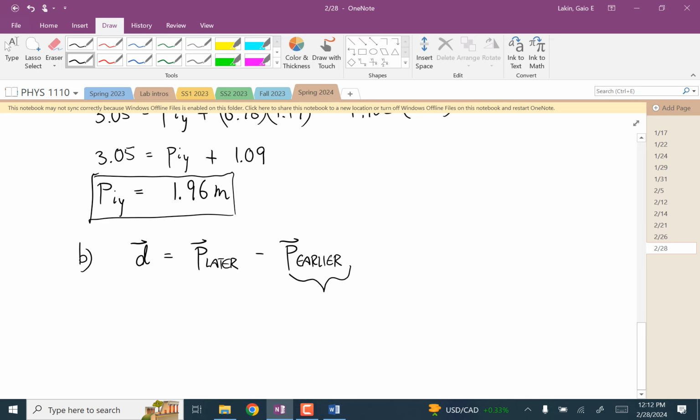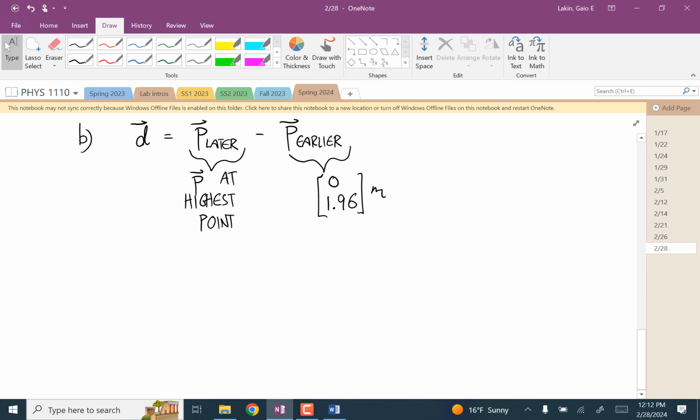This is just the PI from this part of the problem, so that is 0, 1.96. But this is the position when it reaches the highest point, and we don't know that. So we're going to have to calculate those two components.